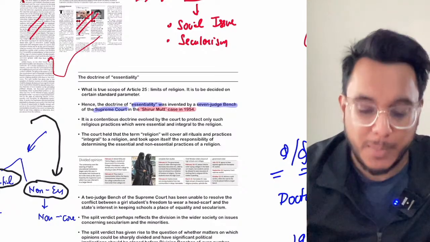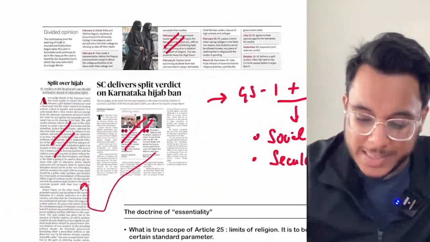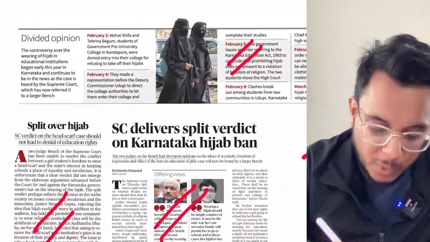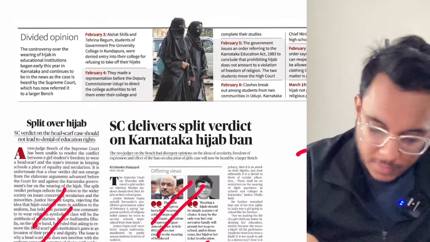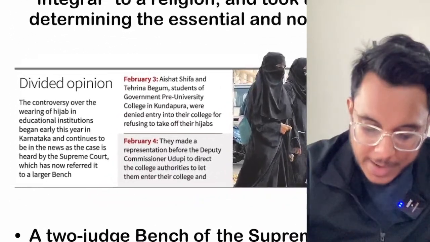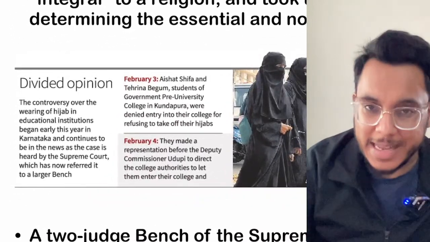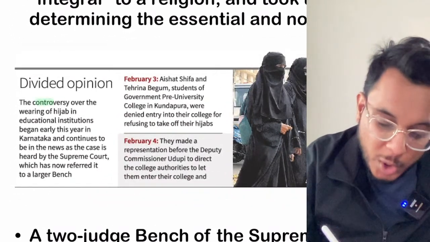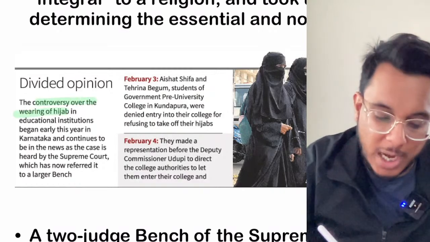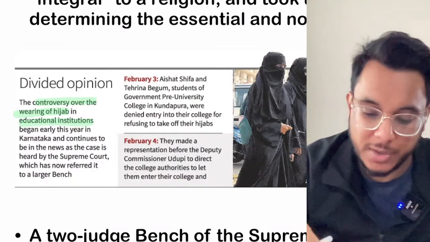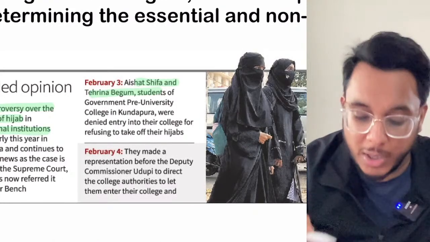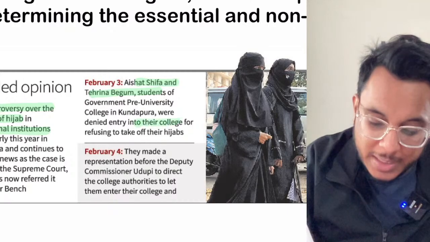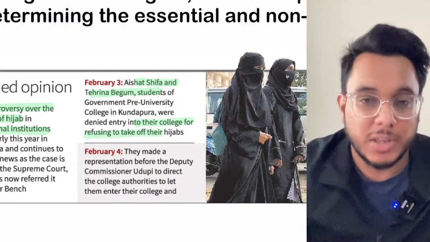Now coming to the present matter, guys, what happened is that at the start of this year, a controversy started over the wearing of hijab in educational institutions. Some of the women were not allowed to enter their colleges because they had worn the hijab.